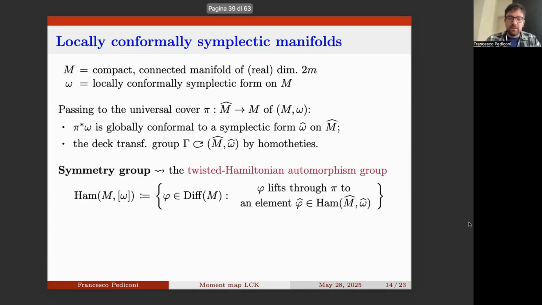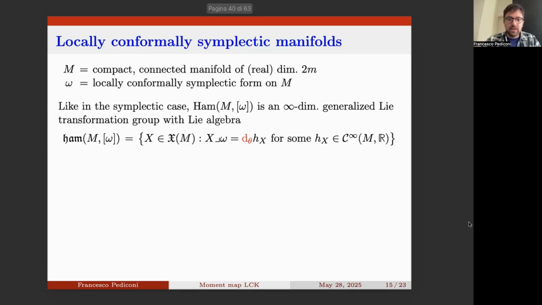Whenever a diffeomorphism does this job, we say that it is twisted Hamiltonian. Again, this is an infinite-dimensional generalized Lie transformation group on the manifold, and we can compute directly the associated Lie algebra.